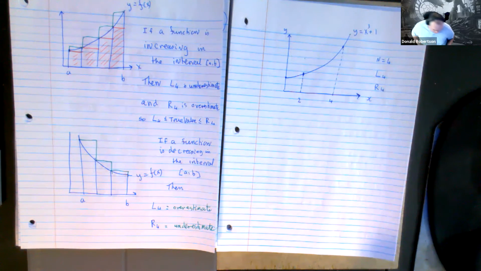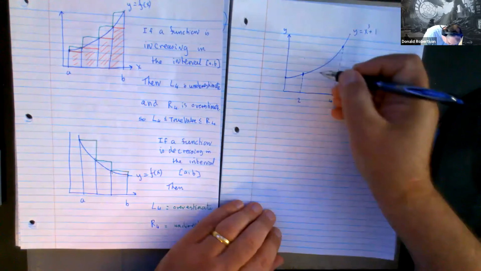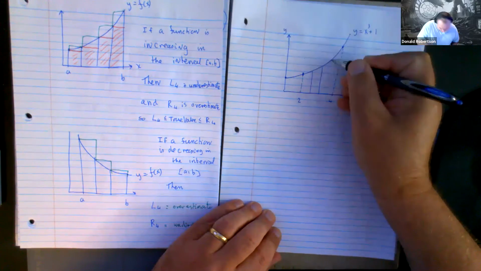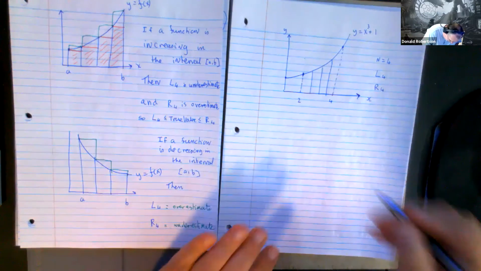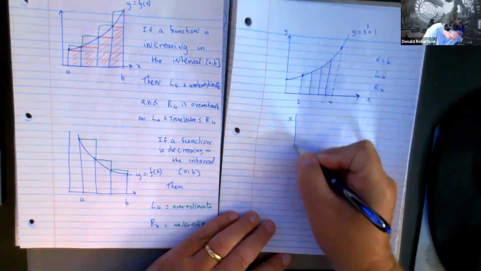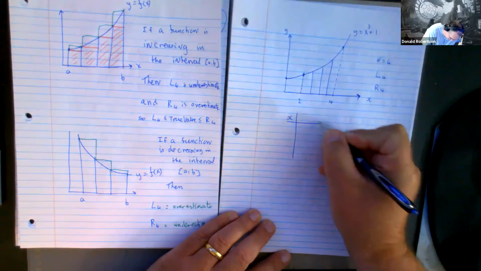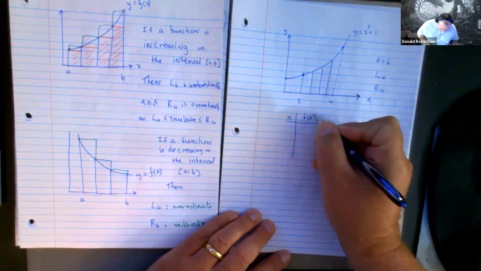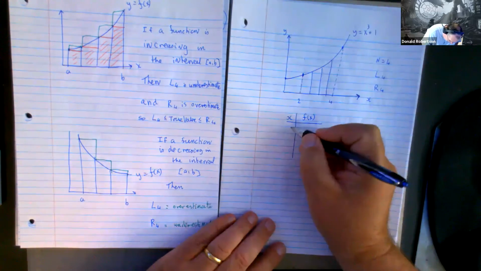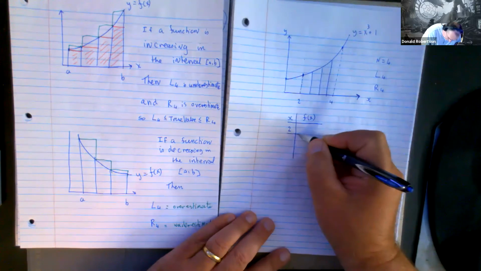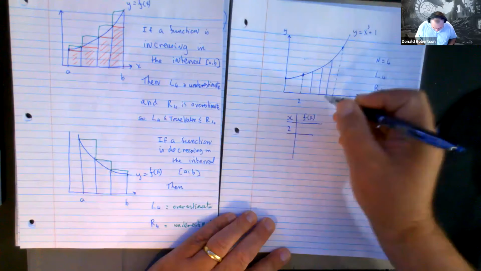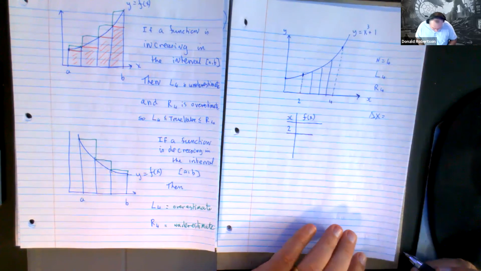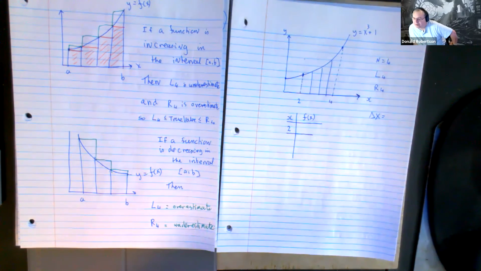Right, so can you imagine 1, 2, 3, 4? What you would do, I suggest, is that you set up a table. And you know the first number is 2. And then you find delta x. In a case like this, you could probably do it in your head. Would you agree that delta x is going to be 0.5?